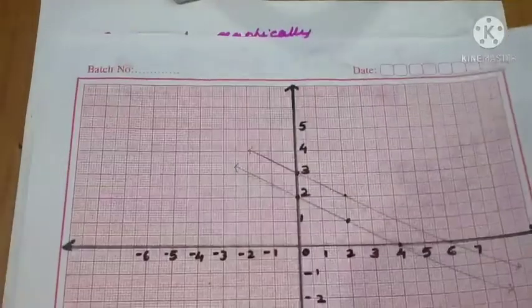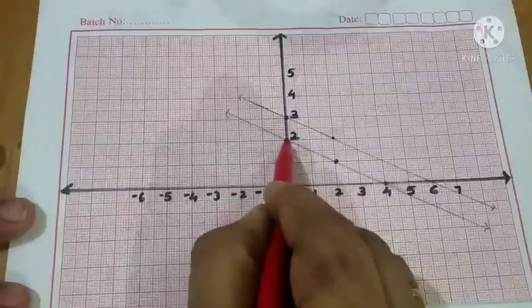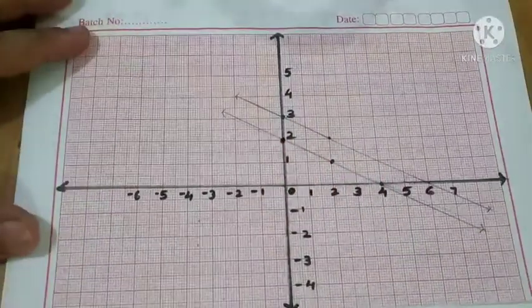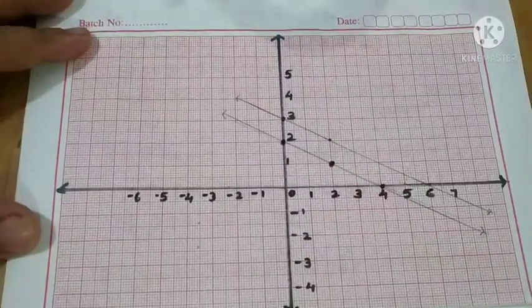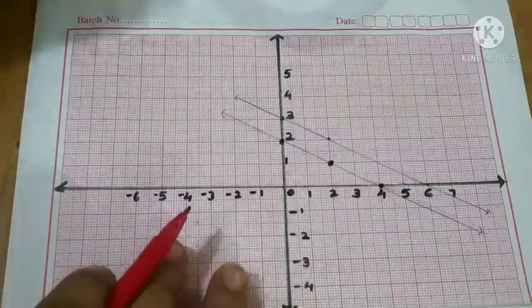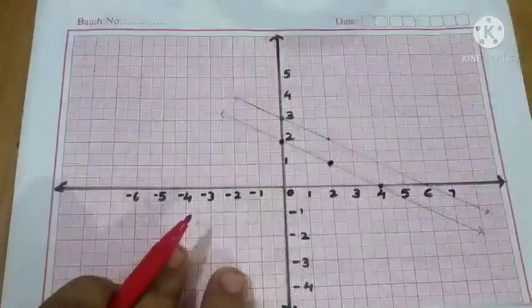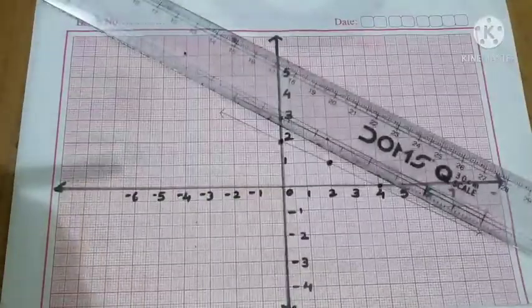So in the graph you can see this. Here I already marked 0, 2. Next, what is the next point? 2, 1. And 4, 0. So that is the first equation, which is x plus 2y minus 4. So keep the scale correctly and draw it.